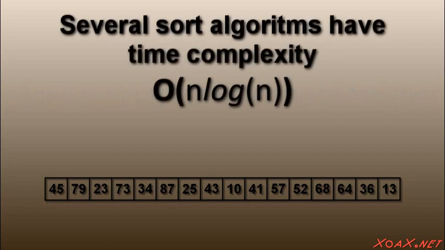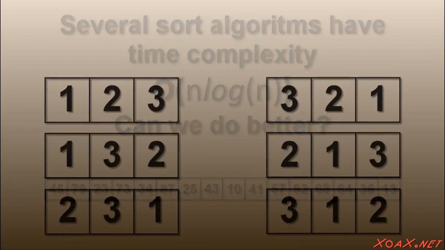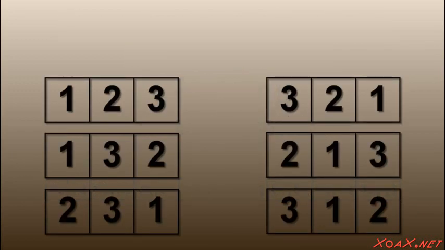We know that various comparison sort algorithms, like merge sort and heap sort, have time complexity big O of n log n. Given that, it is reasonable to ask, is that the best that we can do? Theoretically, we can divide the set of n factorial arrangements in half after each comparison.